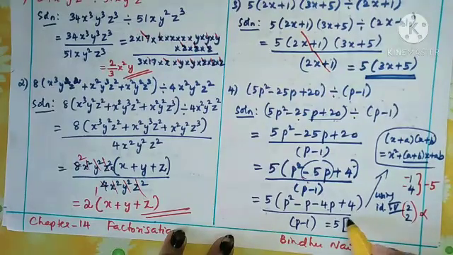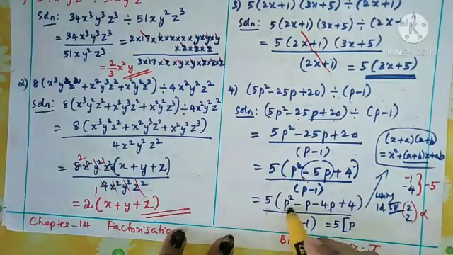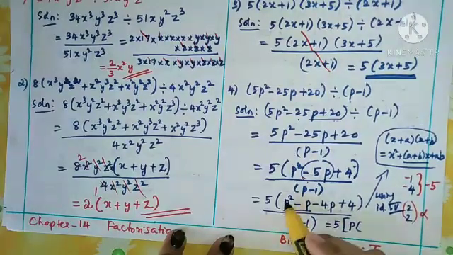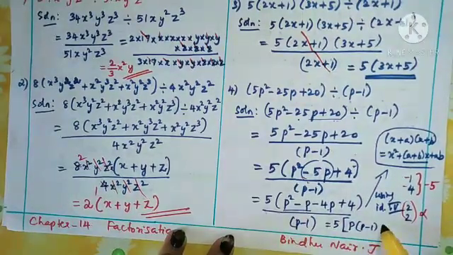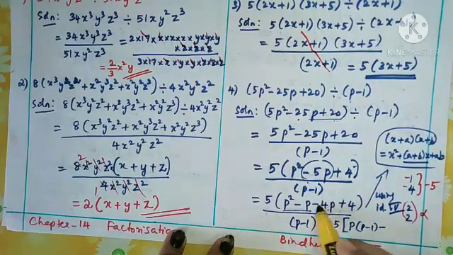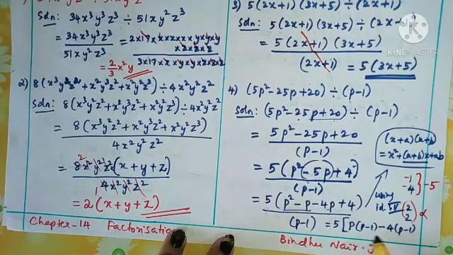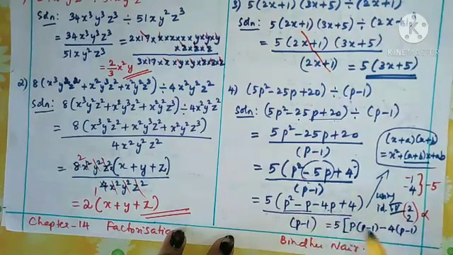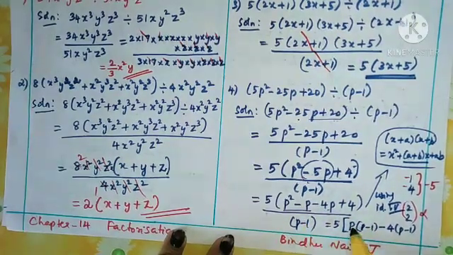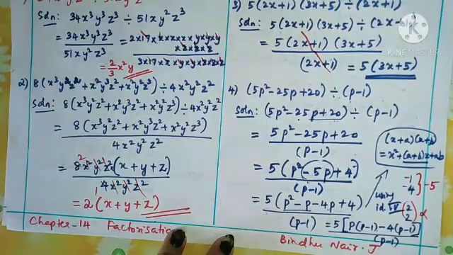So 5 into, put a square bracket. From these two terms p is taken out, so the remaining is p minus 1, minus, here 4 is taken outside, so the remaining is p minus 1. Okay, so if you want to confirm your answer, you just multiply, you will get the previous step. P into p, p square, p into minus 1, minus p, minus 4 into p, minus 4p, minus 4 into minus 1, plus 4. Okay, close the bracket, and p minus 1 in the denominator.